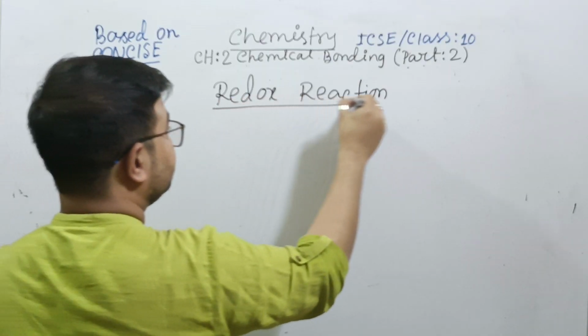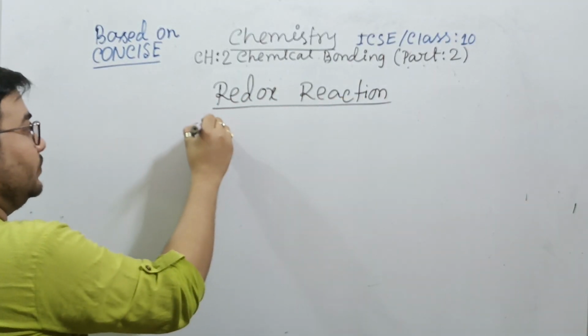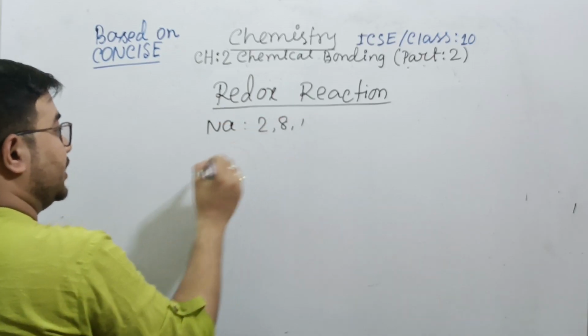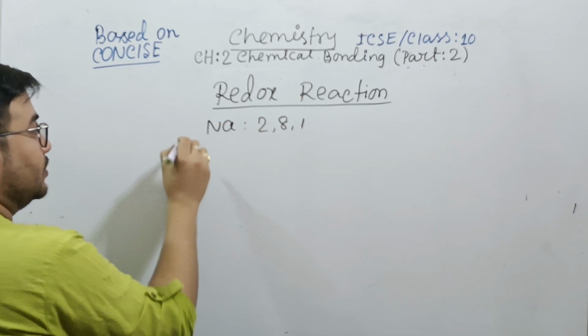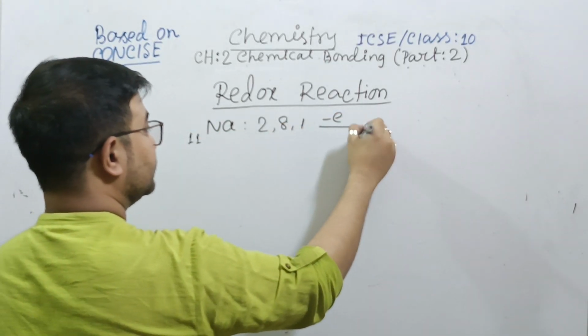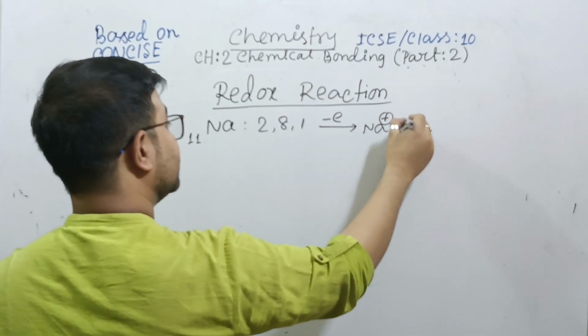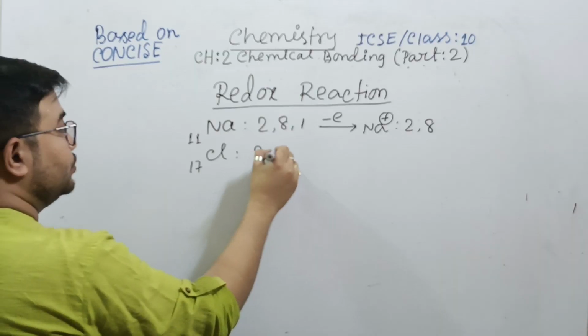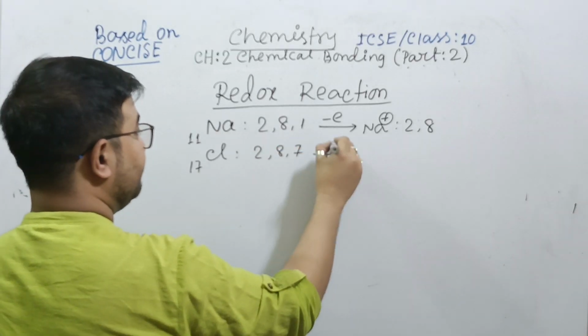Look at the board. Sodium means 2, 8, 1, because sodium is 11. So sodium tries to lose an electron, same concept. Chlorine is 17, so 2, 8, 7, tries to accept.